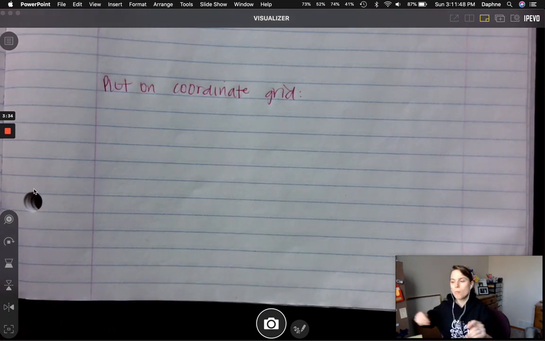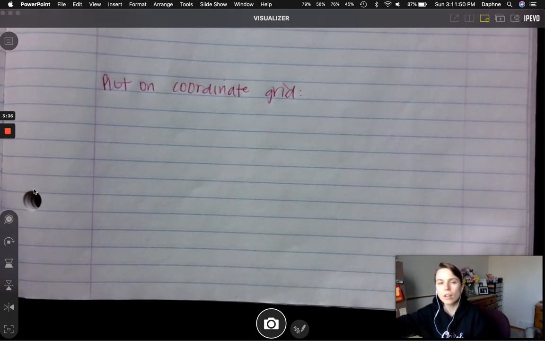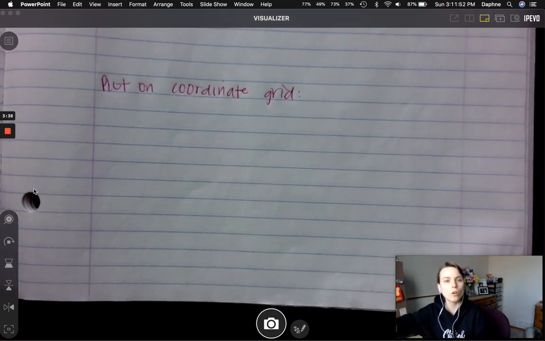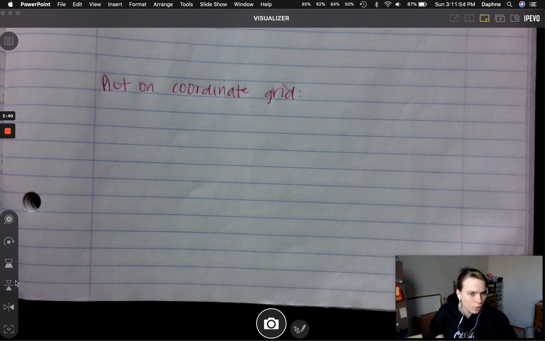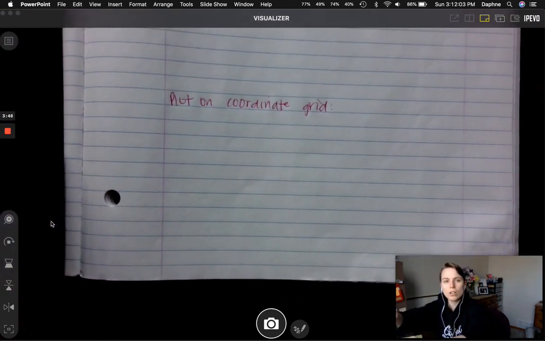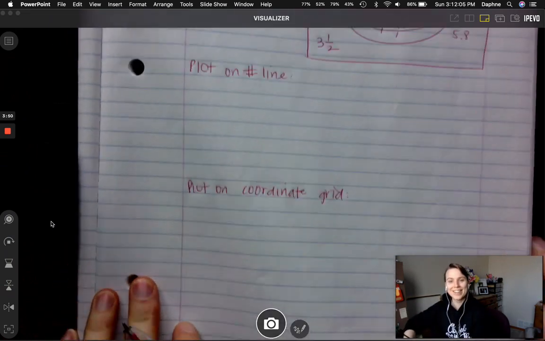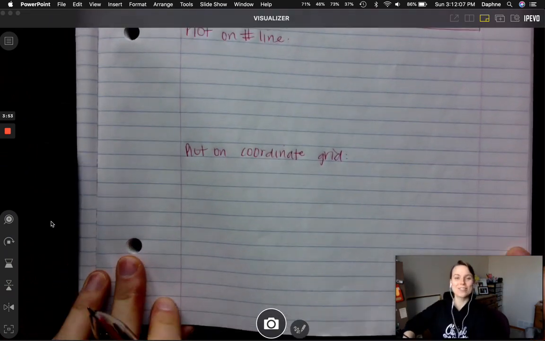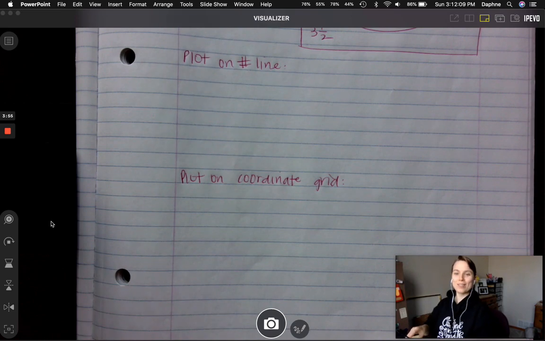So if you want to pop those up there, can I zoom out? Nope, it's not what I wanted to do. I don't know how to zoom out. I'll do it manually. Okay, so that's the last part of our notes. We'll be plotting on a number line and plotting on a coordinate grid, if you want to label those.